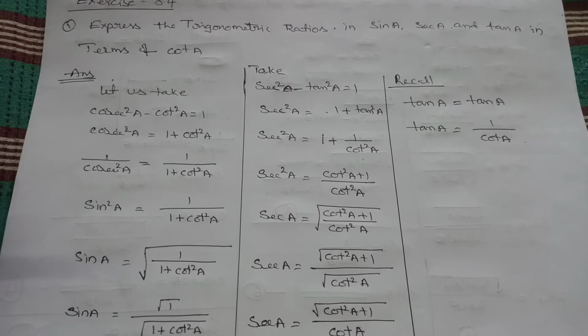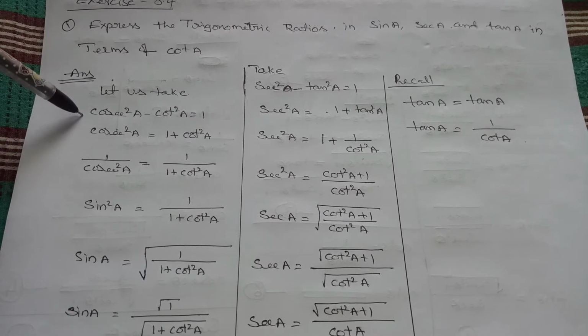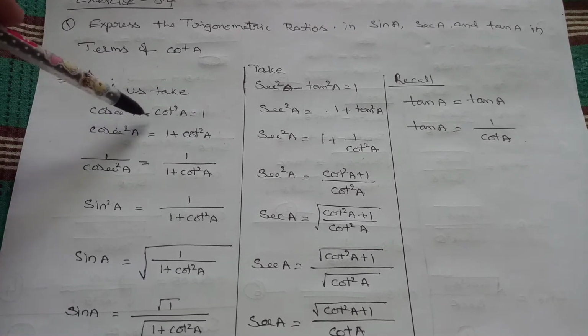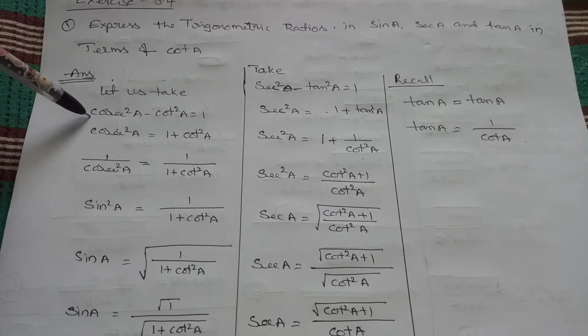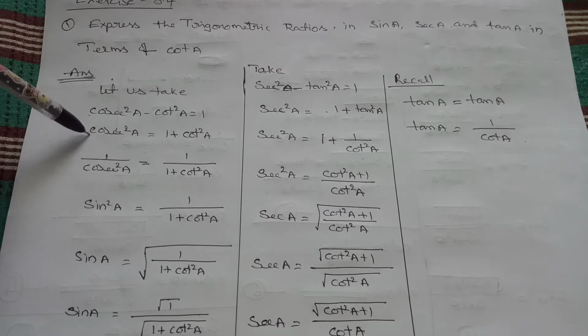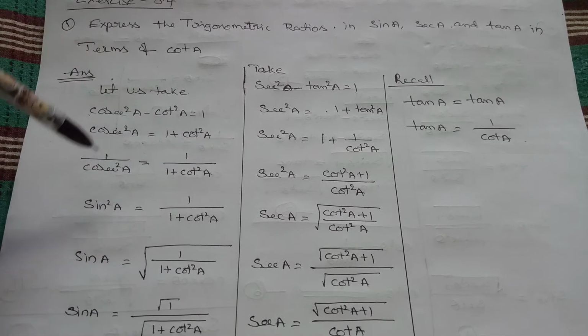So we can change one ratio to another ratio. Let us see. Let us take cosecant square A minus cot square A is equal to 1. This is the third identity I have taken.